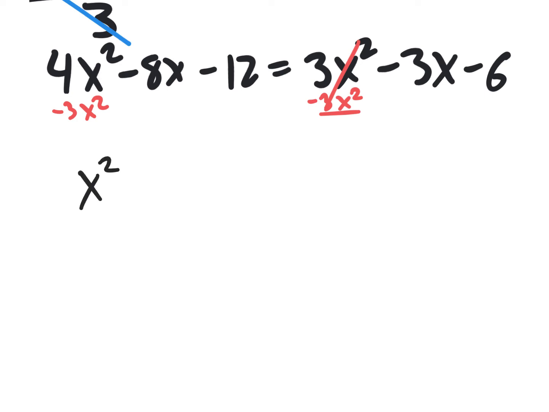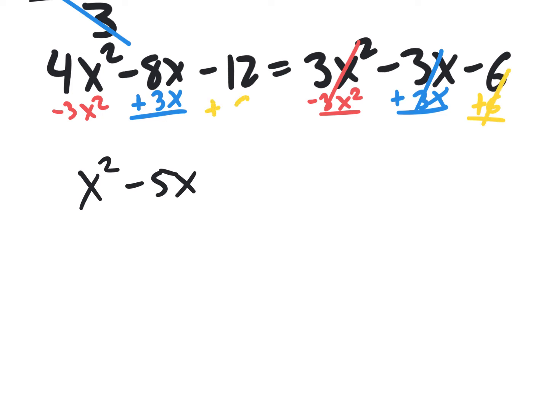And then, on the same step, I'm going to add 3x, which will cancel. That will leave me a negative 5x. And last but not least, add 6, and that will leave me a negative 6. And that is now set equal to 0, since I moved everything on the right side to the left.